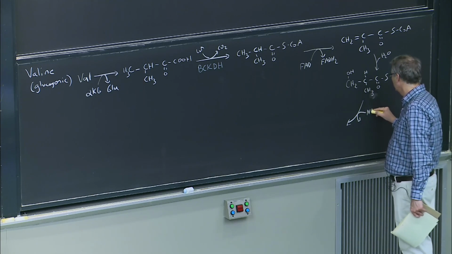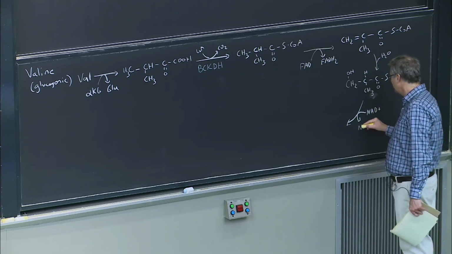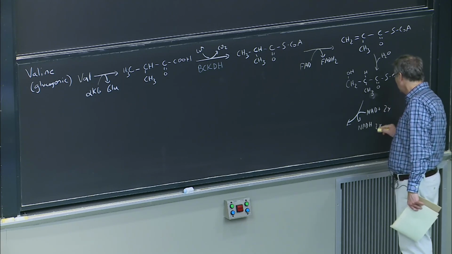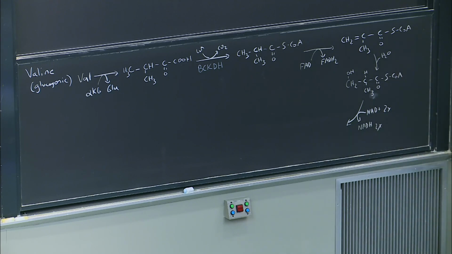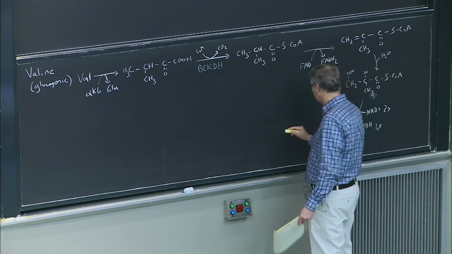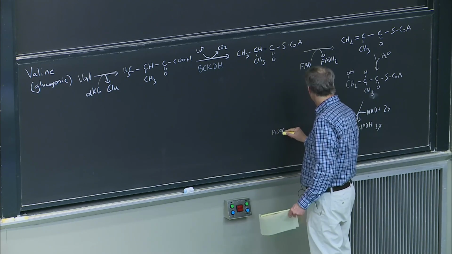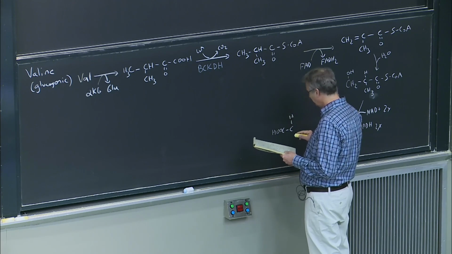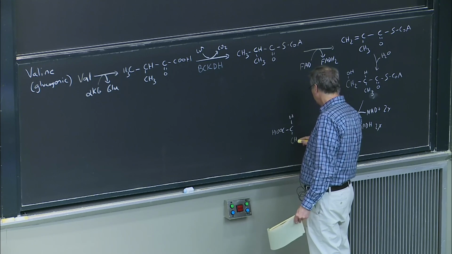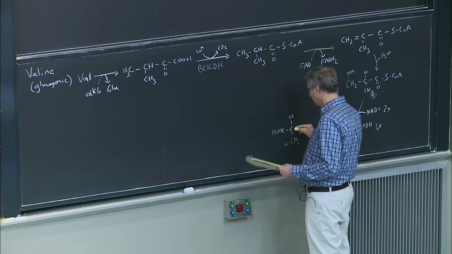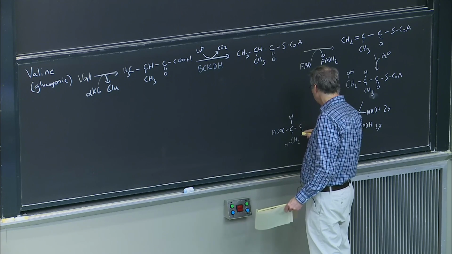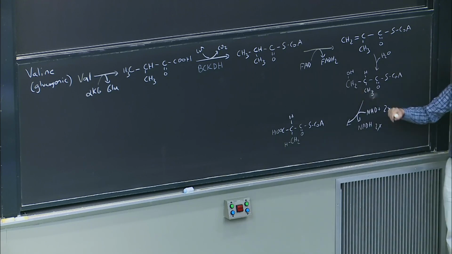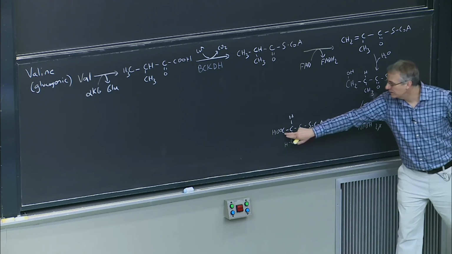And so oxidizing twice means NAD plus times 2 and NADH times 2, and now that becomes the acid. Okay, so same molecule, but now this alcohol becomes an acid.